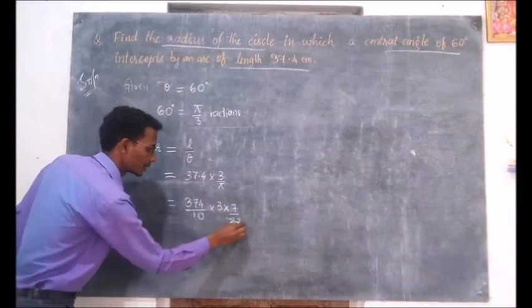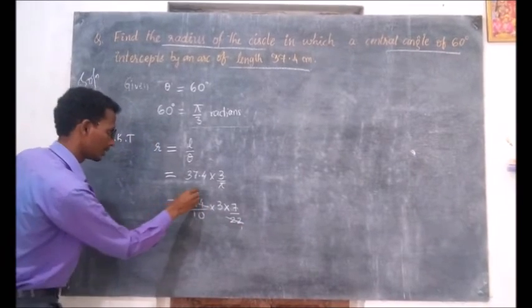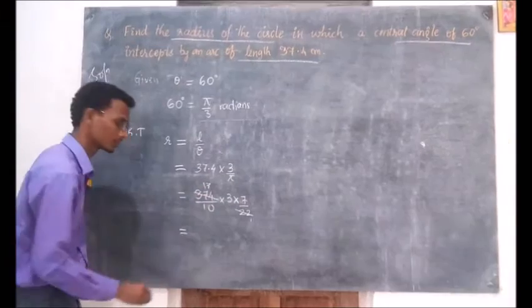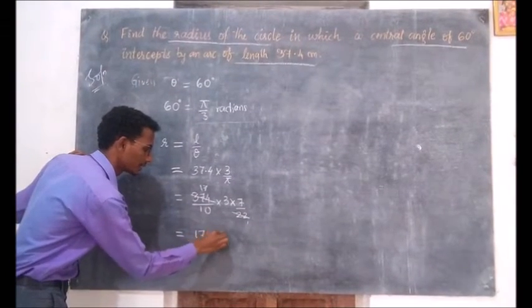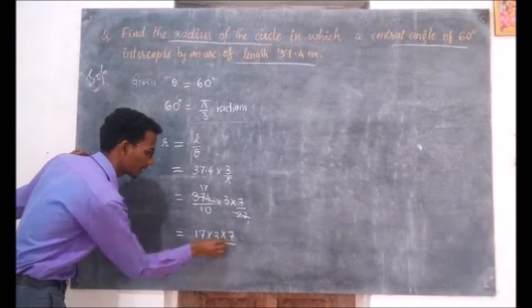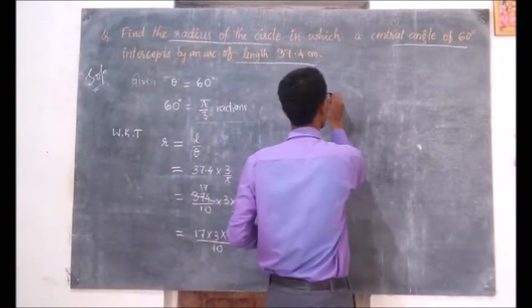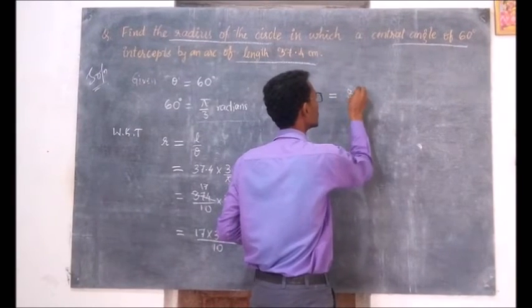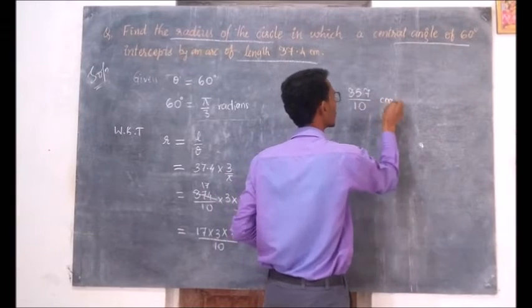So now 22 ones are 22, ones are and 22 sevens are. So that is equal to 17 into 21 all divided by 10. That is equal to 357 divided by 10 centimeters.